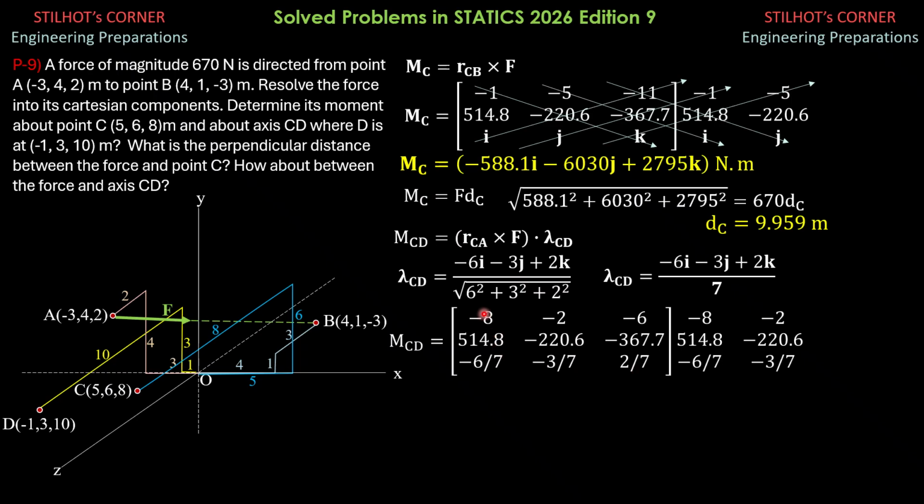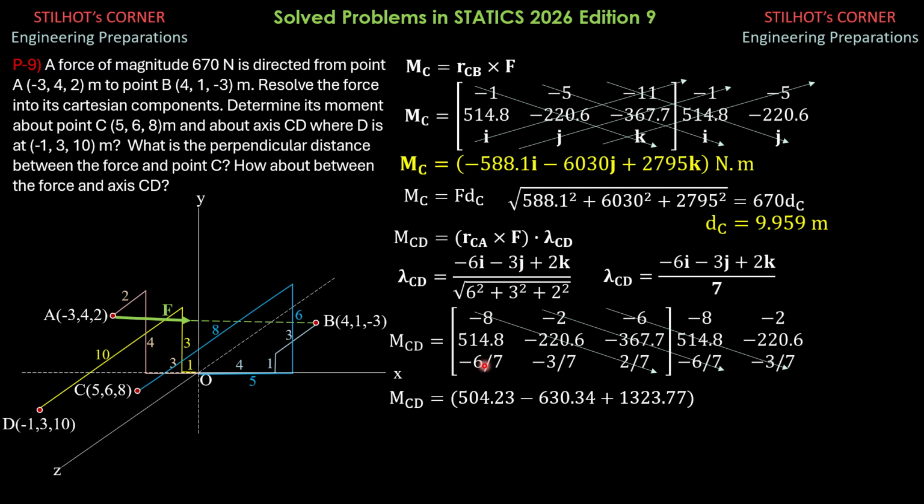So calculating -8, -2, 20.6 times 2 over 7, that's positive. This is negative, then this is positive again, then that would be positive, negative, positive. So those are the values.